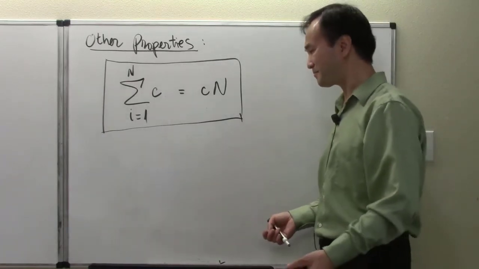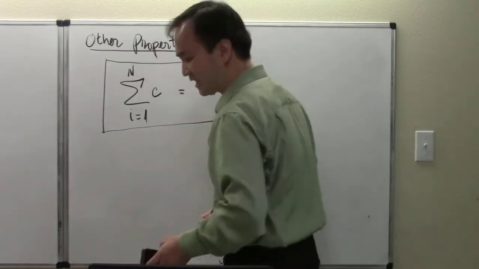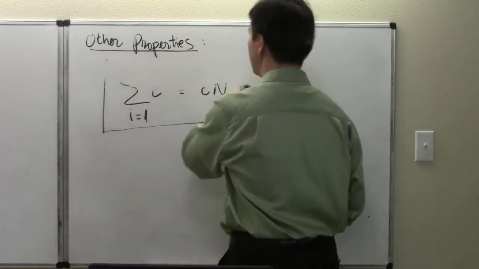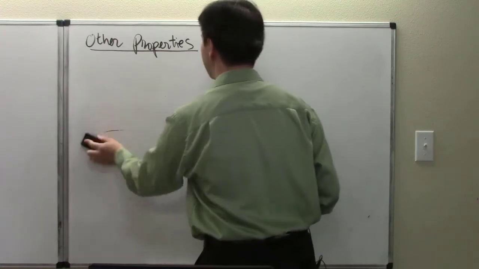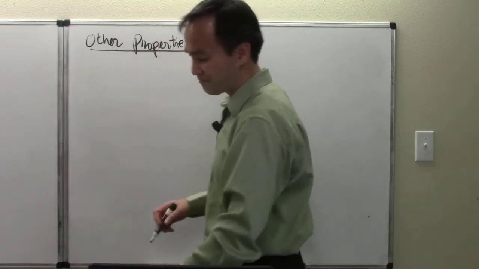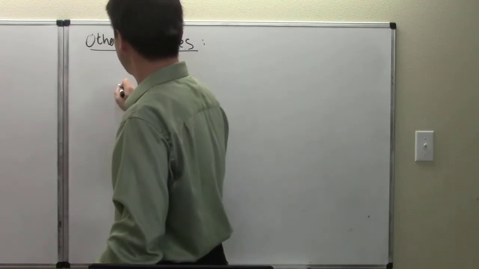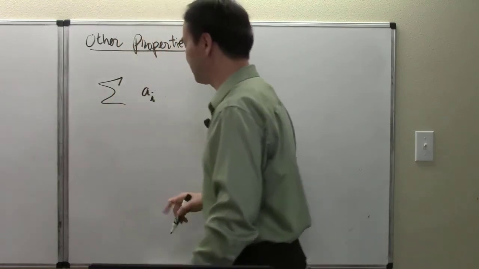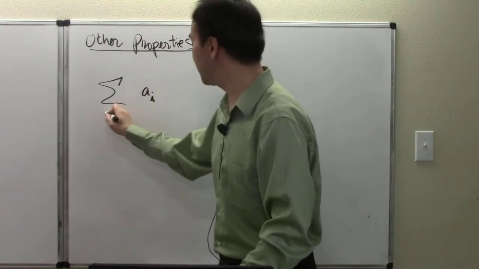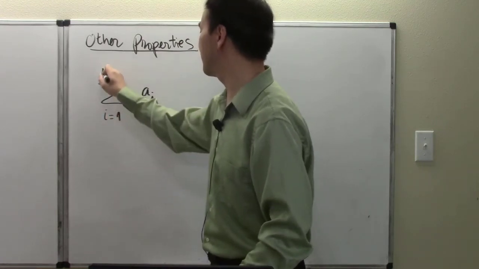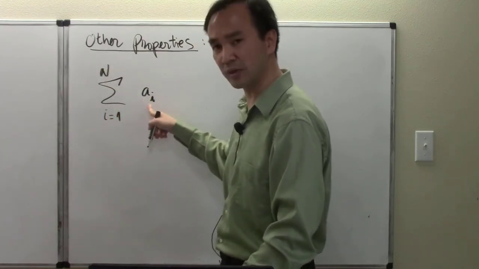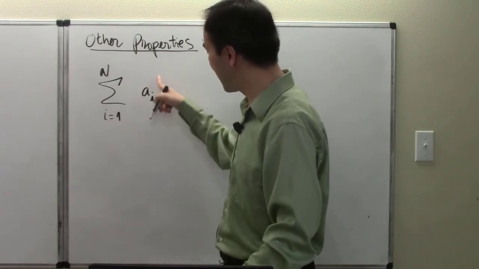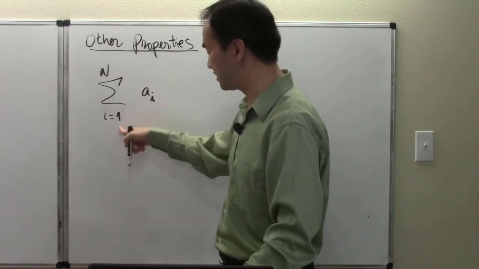Okay? And so another one I would like to show is that. So now, yes, you have a summation, and each term is regulated by the i index, just like that, from i to some n. The value of each term is regulated by the index i.